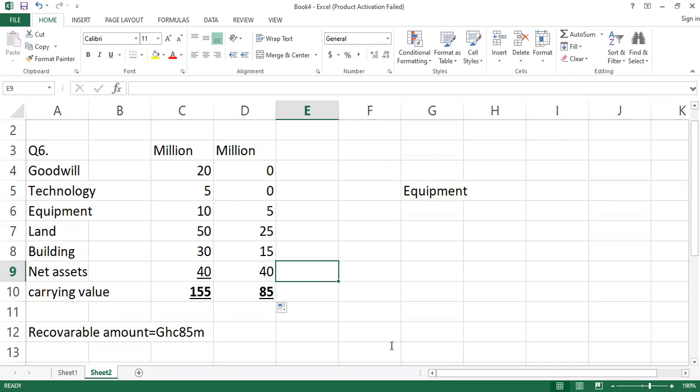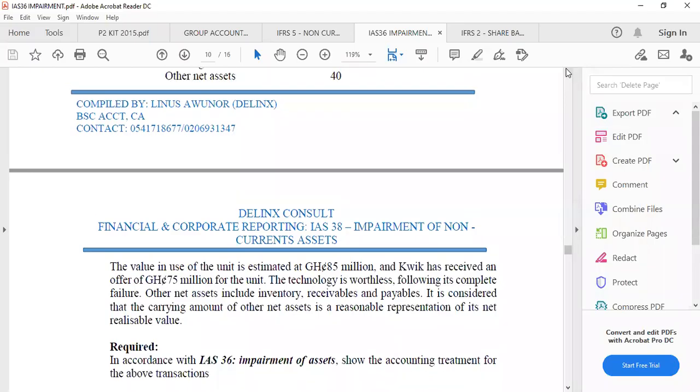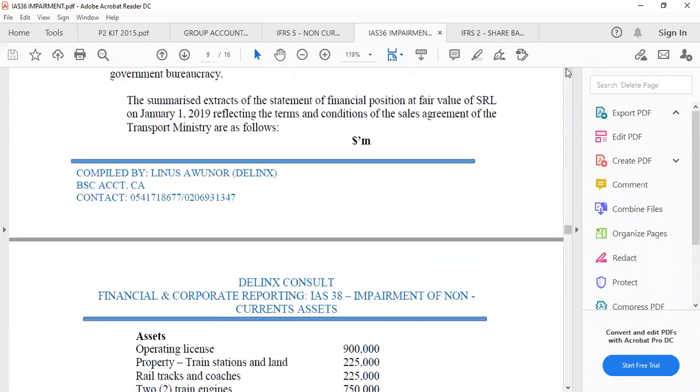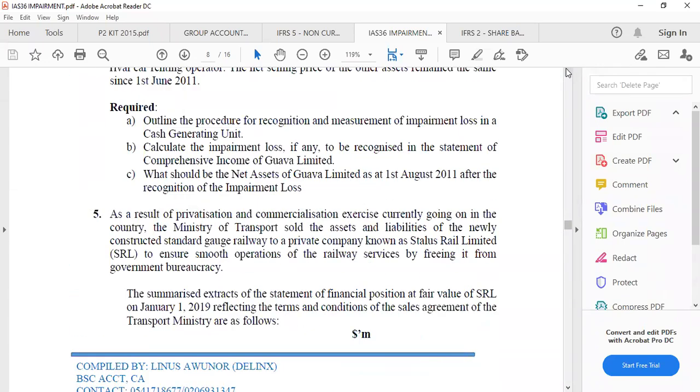All right, let's look at reversal of impairments. Sometimes what is causing the impairment loss, the condition can no longer exist, like the government legislation. At the end of the day, the government has taken that legislation, saying that this particular software can now work. It means that the software will now be useful.